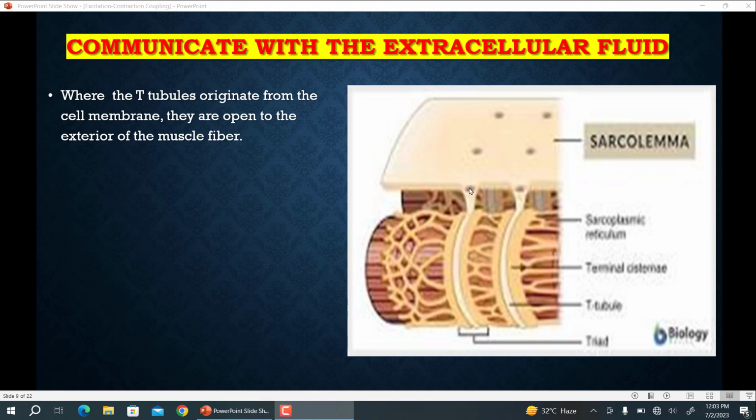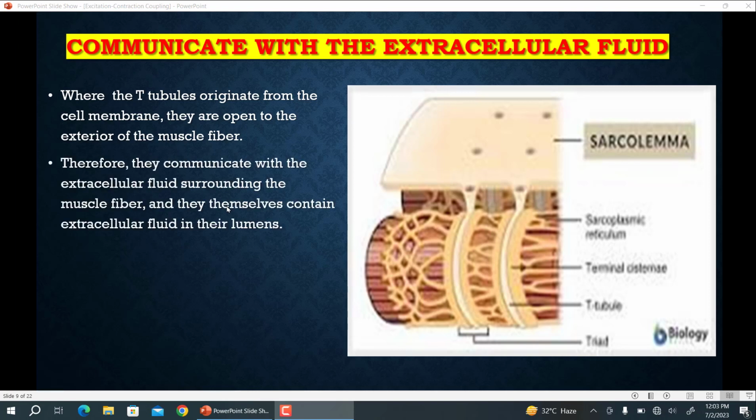These T-tubules have openings in the sarcolemma, and by these openings the T-tubules communicate with the extracellular fluid surrounding the muscle fiber, and they themselves contain extracellular fluid in their lumen. These tubules are filled with extracellular fluid.